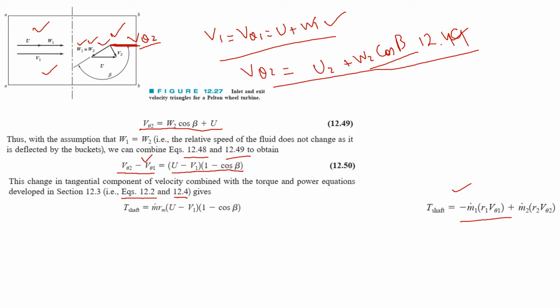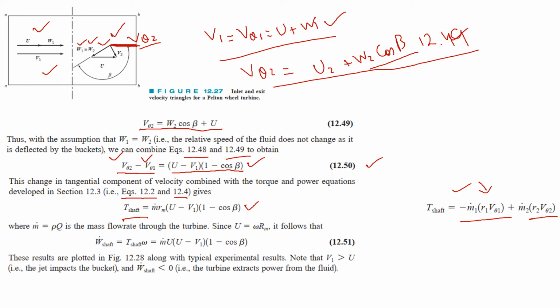You can see that we can write this equation in terms of v theta 2 minus v theta 1, and then putting the values from equation 12.50 right here, we can get the shaft torque involved in the case of a turbine. Then we can also utilize equation 12.4 and write the power involved for a turbine.